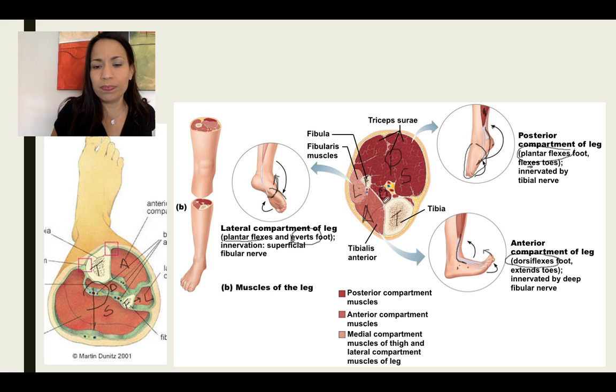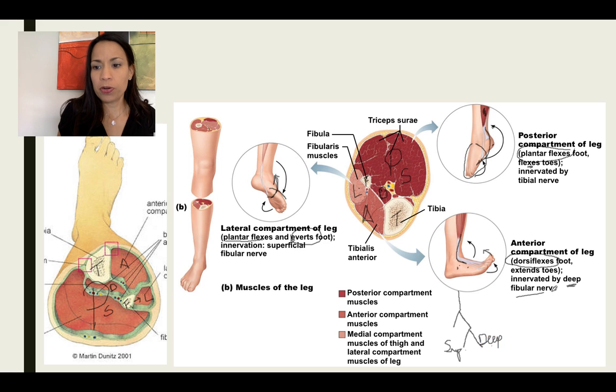Innervation. The anterior compartment is completely innervated by the deep fibular nerve. We mentioned this before, if you remember. It's a branch of the common fibular nerve. So we have the sciatic nerve, which has the tibial and the common fibular, and the common fibular gives rise to the deep and the superficial fibular nerve.